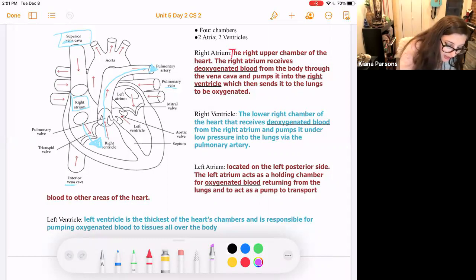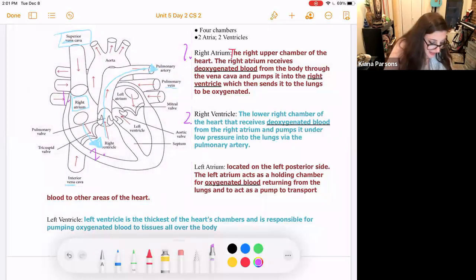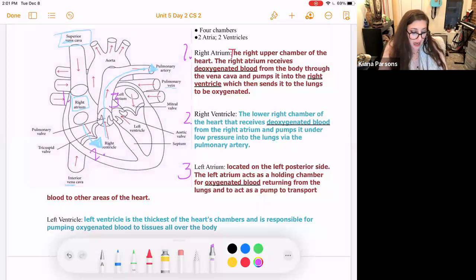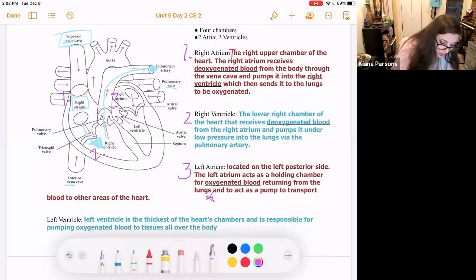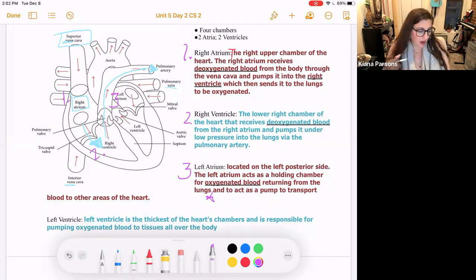So again, we started with the right atrium right here, and we followed that to the right ventricle. And now we're making our way to the left atrium, which receives oxygenated blood returning from the lungs and acts as a pump to transport blood to the other areas of the heart.